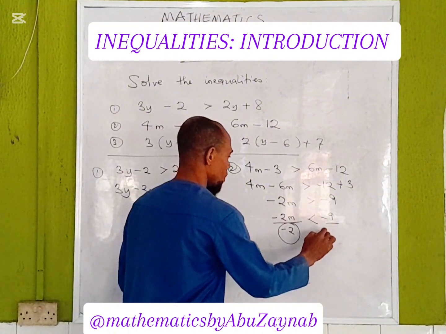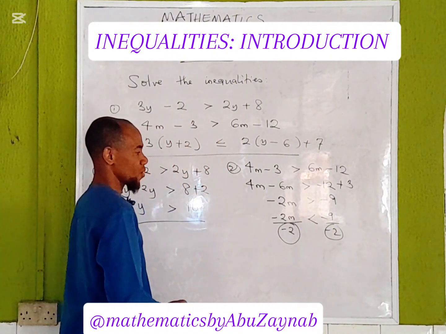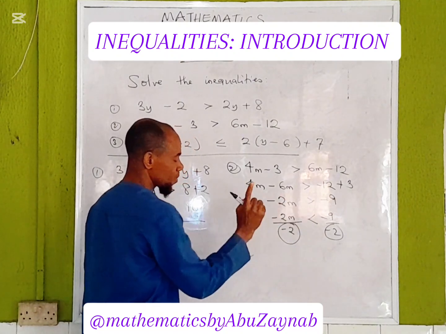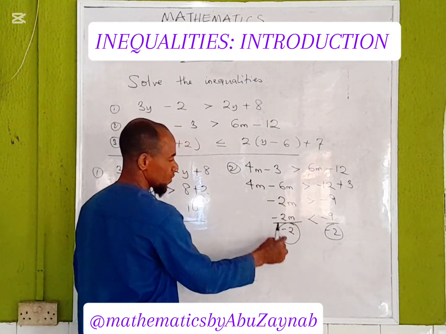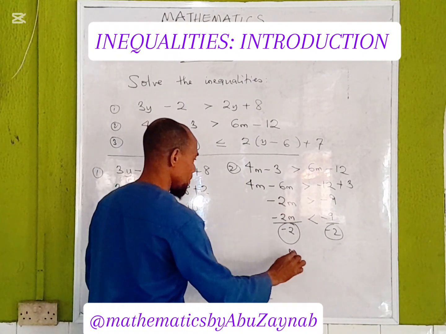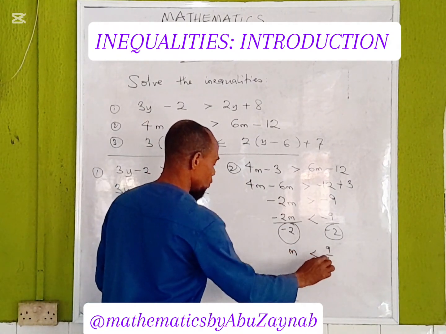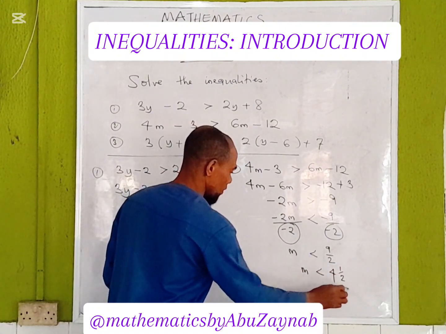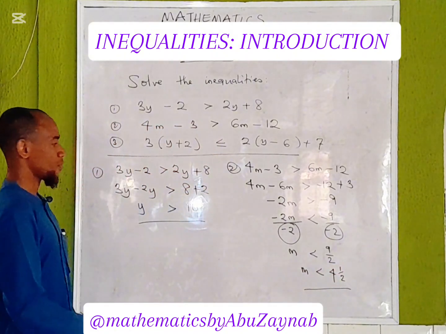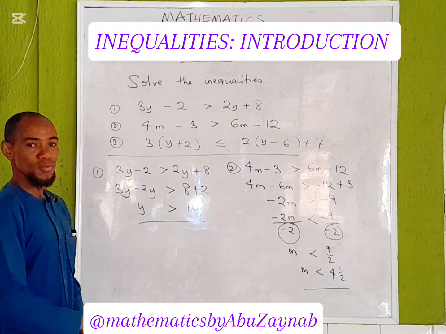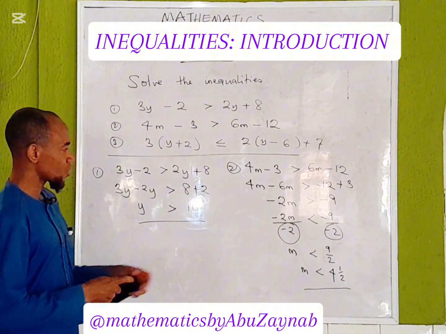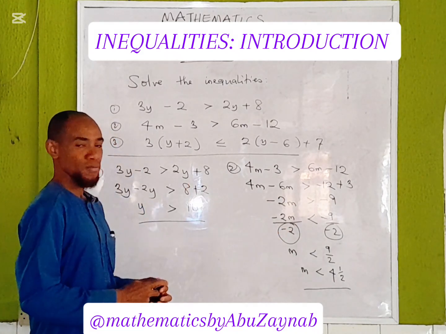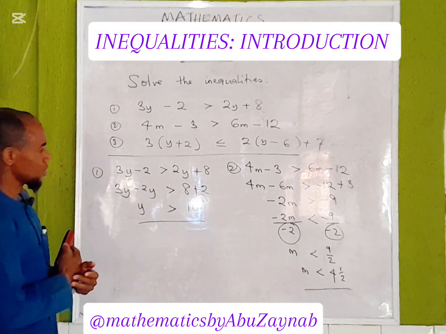Minus 9 over minus 2. Again, the greater than turns to less than, simply because I have divided both sides by negative 2. So you have m less than 9 over 2, or more specifically, m is less than 4 and a half. And that basically is the solution to that. Please take note of that concept of the symbol changing the moment you divide by a negative number. I hope you find that quite interesting.